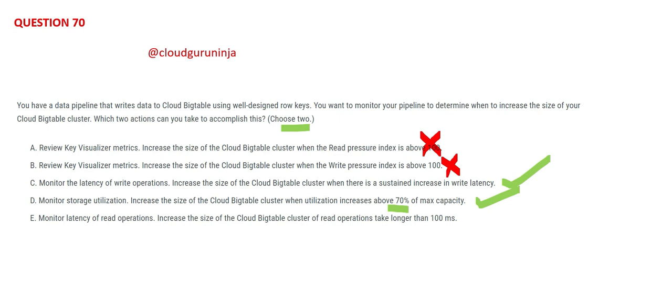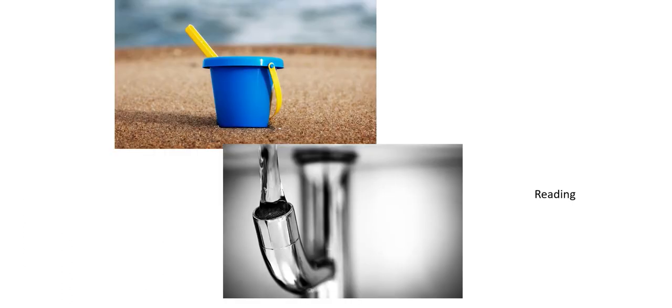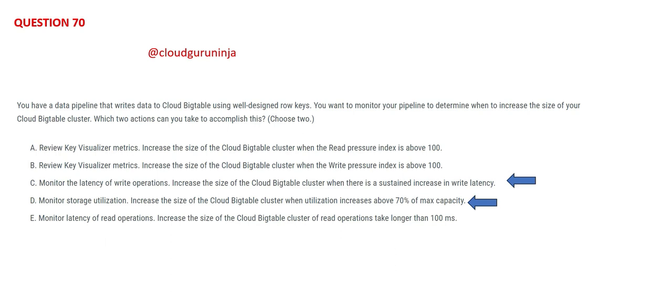Okay. Now E says that we will monitor read operations. When the question is talking about write, this guy is a nerd. He's saying I will monitor read. Read means water in reverse. From the bucket, the water is going to the tap. Very ridiculous scenario. That is wrong. Read is not a problem here.